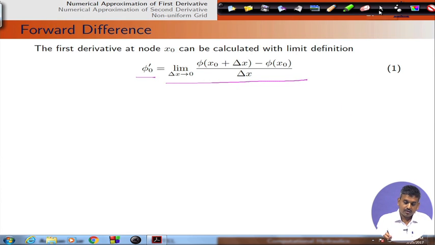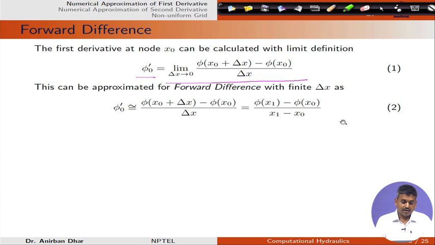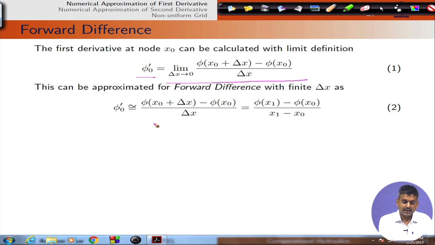This limit definition can be approximated for a finite value of delta x: phi of x naught plus delta x minus phi of x naught, divided by del x, represents the approximated value of the first derivative.